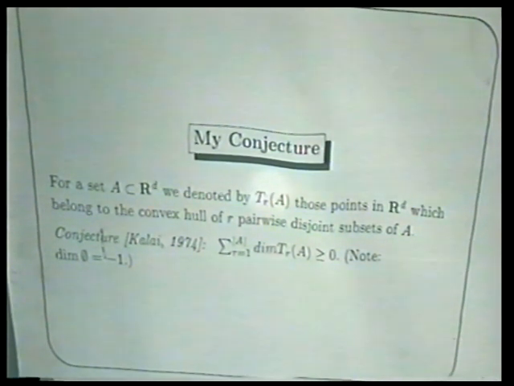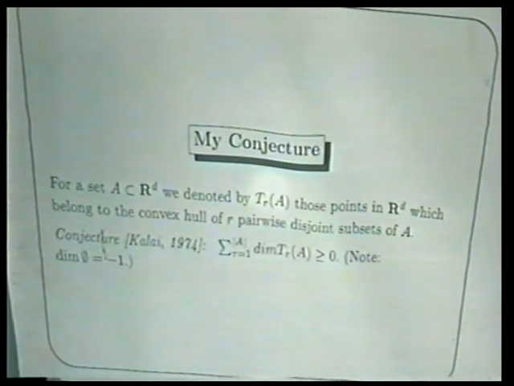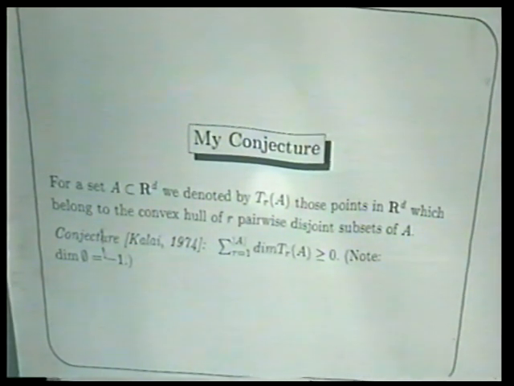Suppose you have a set A in R^d, and we denote as before T_r(A) those points in R^d which belong to the convex hull of r pairwise disjoint subsets of A. Then if you sum up the dimensions of the Tverberg points, of the points which belong to r pairwise disjoint subsets, from 1 to the size of the set, and you have to remember that the dimension of the empty set is counted as -1, then the outcome is always greater than or equal to 0.